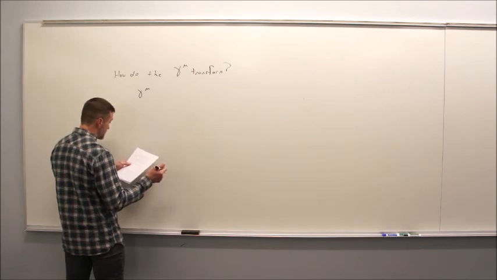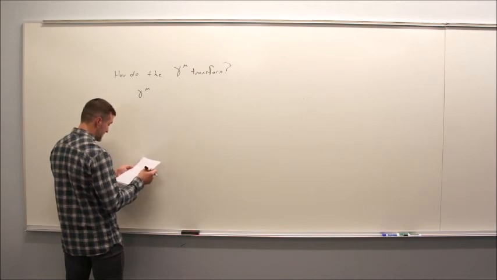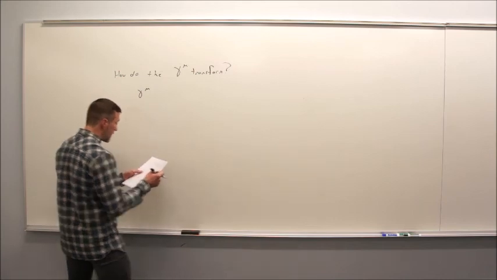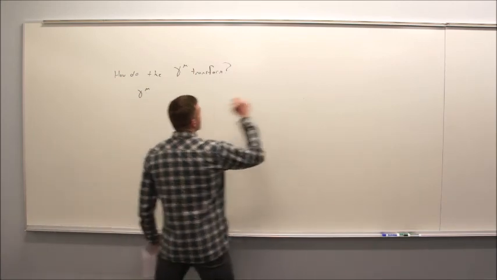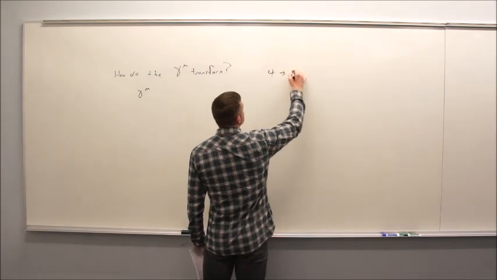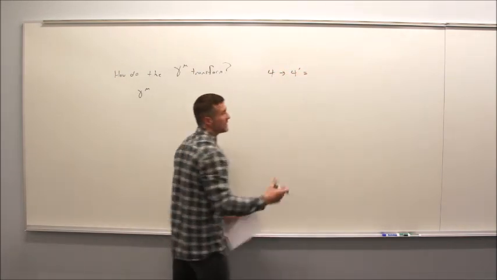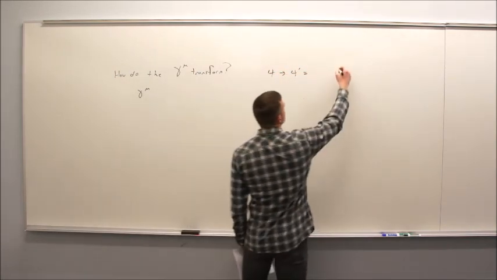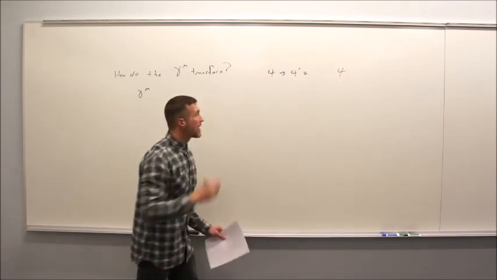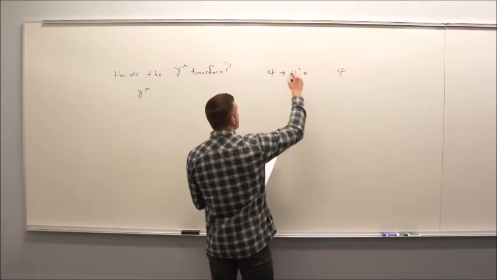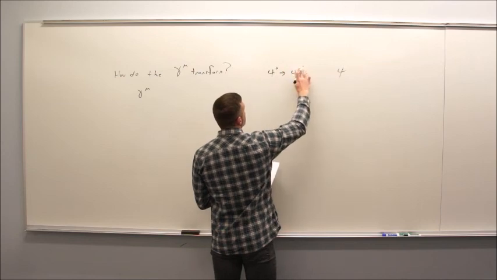First of all, we know that psi goes to psi prime, and then there's going to be something which acts on psi to give me the new psi prime. And if psi is a spinor, then I'm going to give it a spin index.